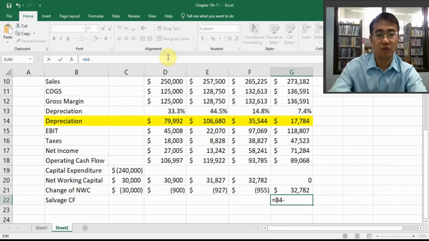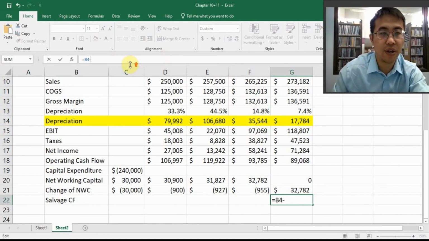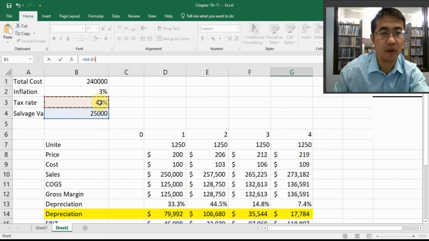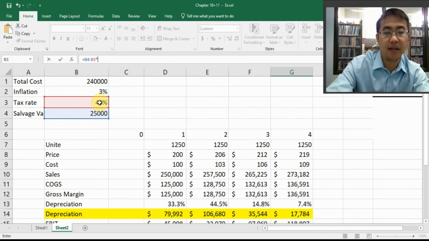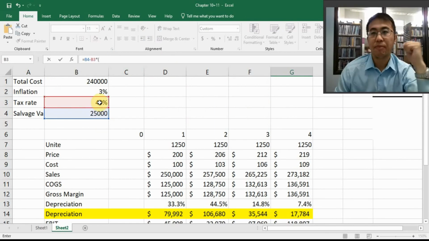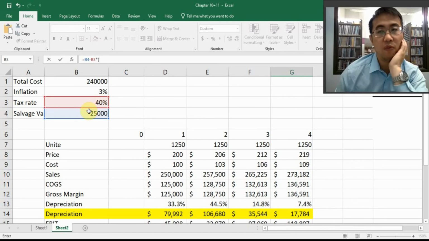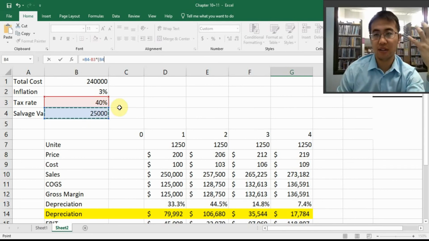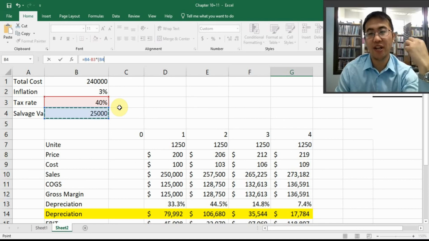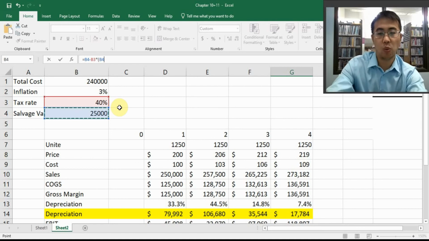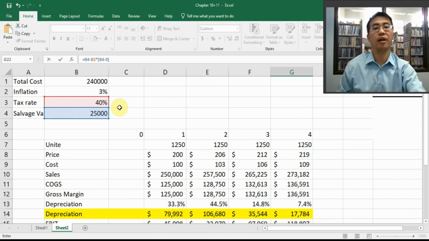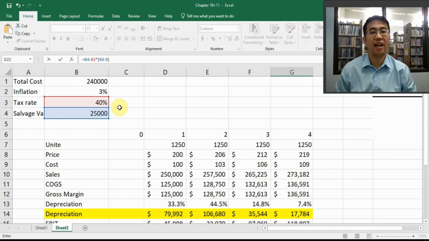You are going to use the 40% tax rate multiplied by whatever capital gains you make. So when you sell the machine, you get $25,000, and what it is really worth on the book is 0. So you're going to pay capital gains tax for it.